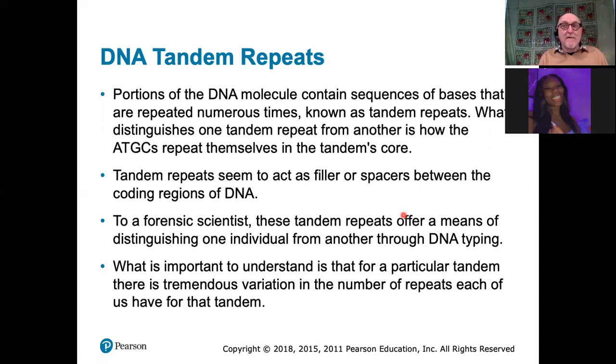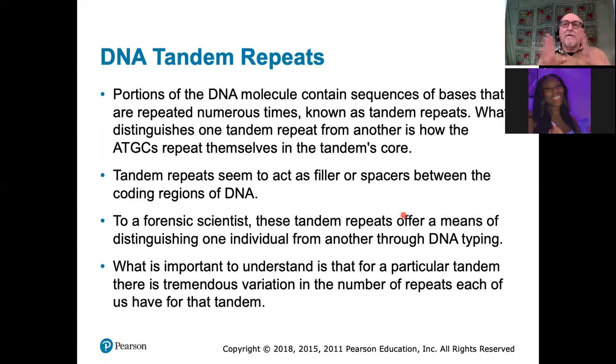So we'll see this in more detail in a minute. We know a lot about a lot of these areas of repeating DNA. So they have become very, very important in typing DNA because they allow us to type DNA very rapidly and using standard techniques, which are now basic to laboratory practice.